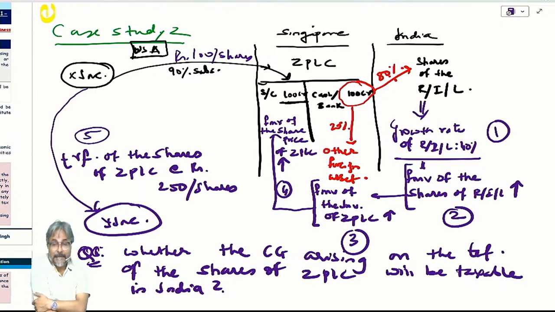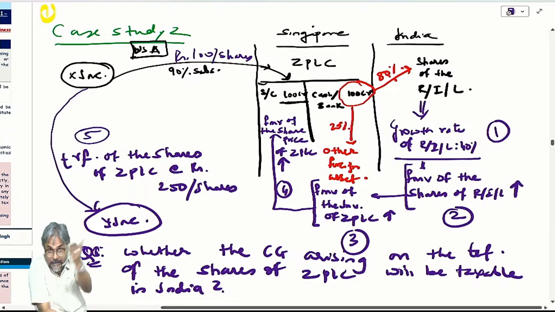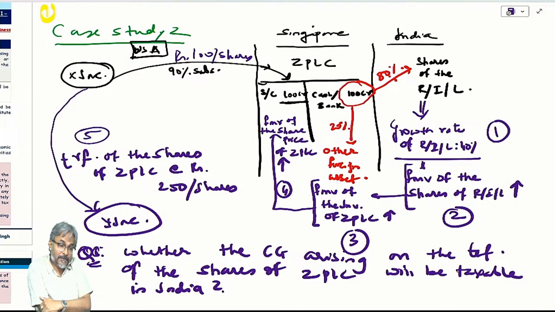Now, XINC will say, in question number 1 only you people said, shares of a company is said to be situated at a place where the company is incorporated. So ZPLC is incorporated where? In Singapore.